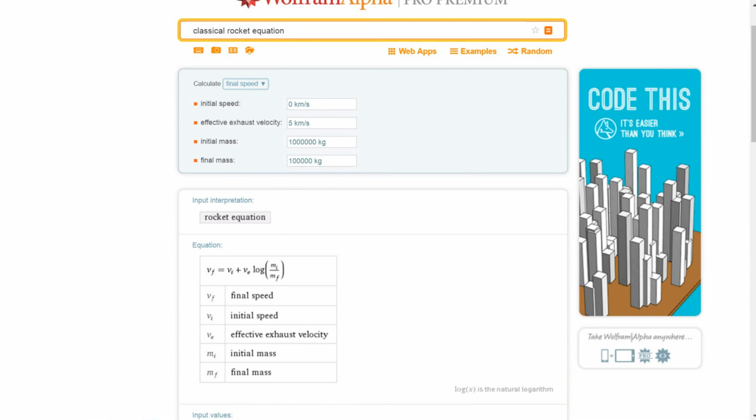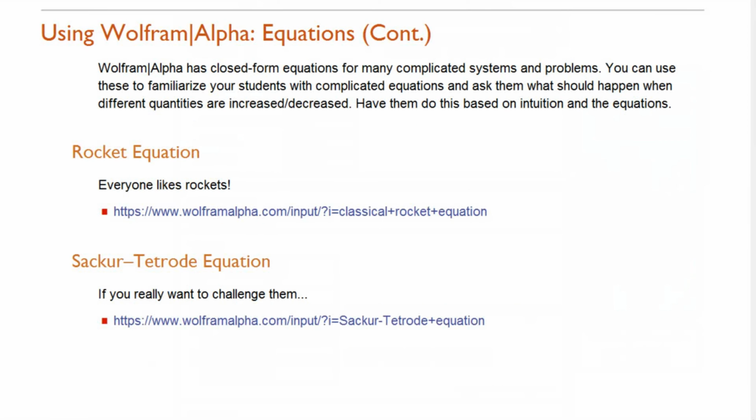Oh, that was my last example. In the presentation you'll see a Sackur-Tetrode equation. It's also another just hairy, complicated equation that if you want them to practice what happens when I change this quantity or that quantity, it's a good example of that.